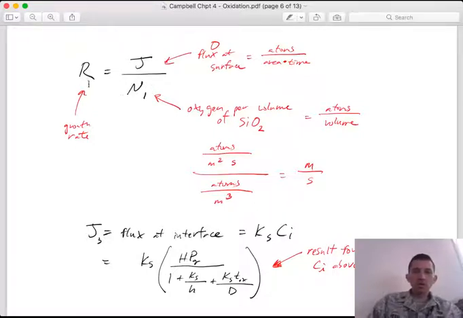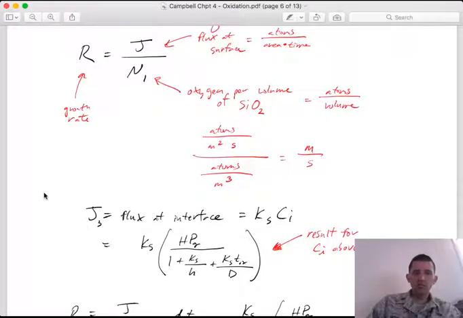So the growth rate is a combination of how many of them are arriving at the surface and how many are being incorporated into the volume. So we have a flux divided by a volume. Sorry, this is more of a density, atoms per volume. If we look at the dimensional analysis, atoms per square meter per second divided by atoms per cubic meter gives us meters per second. So we have a growth rate of thickness in distance per time, which makes sense.